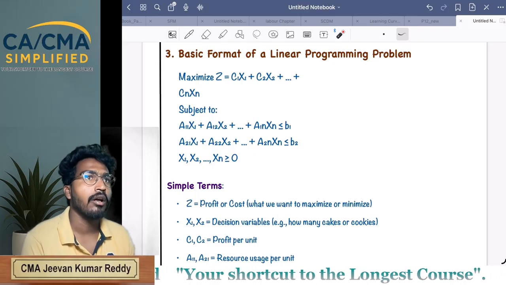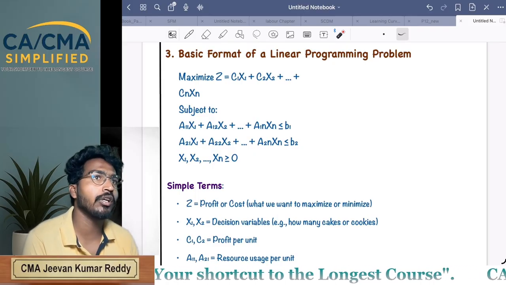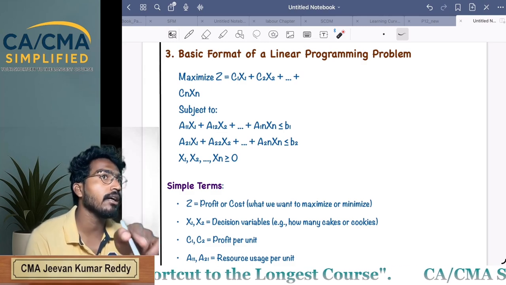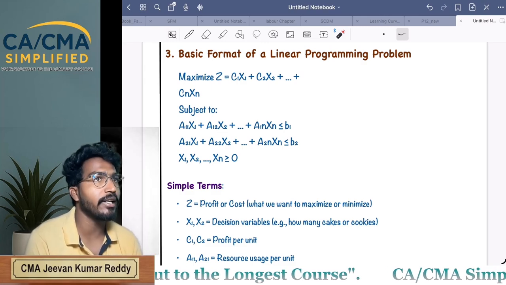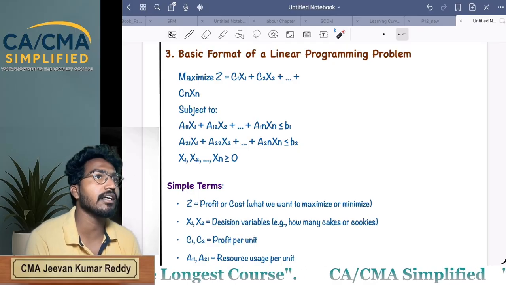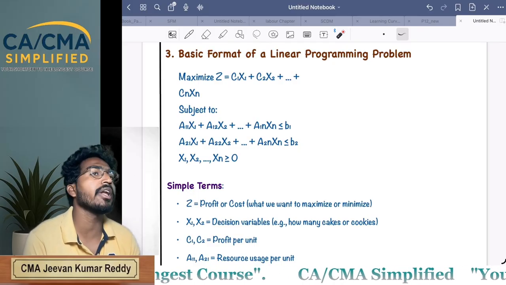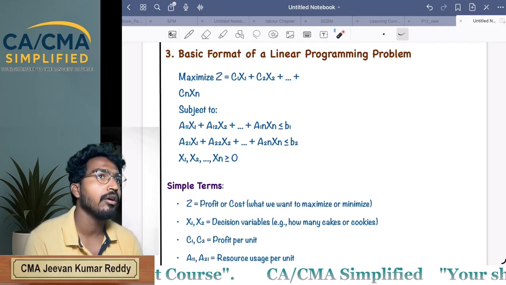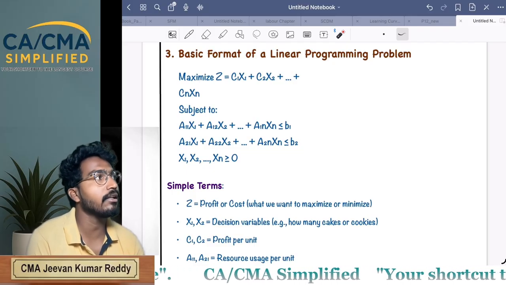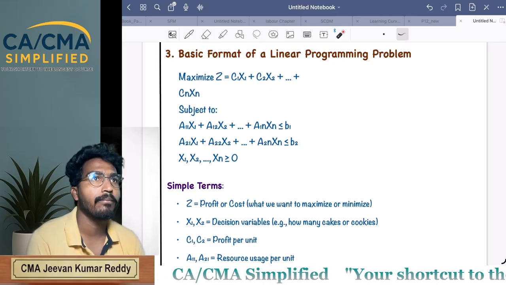You can make n number of cakes, you can make n number of cookies, but within 8 hours of time and within the raw material of 10 kgs of flour. Yes or no?